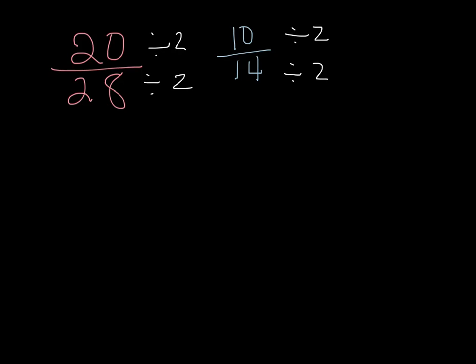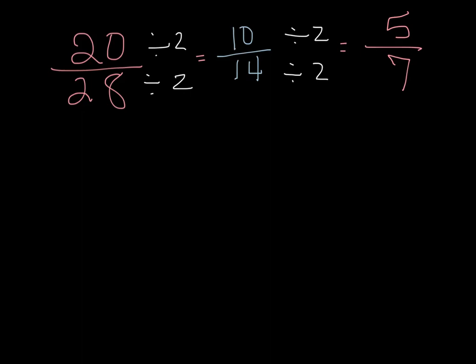So let's look at those. 10 divided by 2 is 5, and 14 divided by 2 is 7. So the simplest form, and I guess I should have equal signs in here, but the simplest form of 20/28 is 5/7. And 5 and 7 have no common factors. And so that's the simplest form.